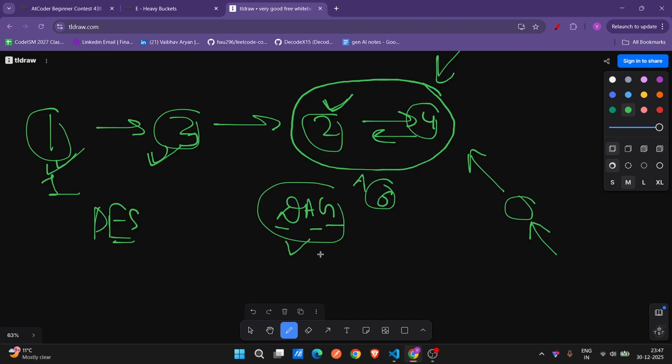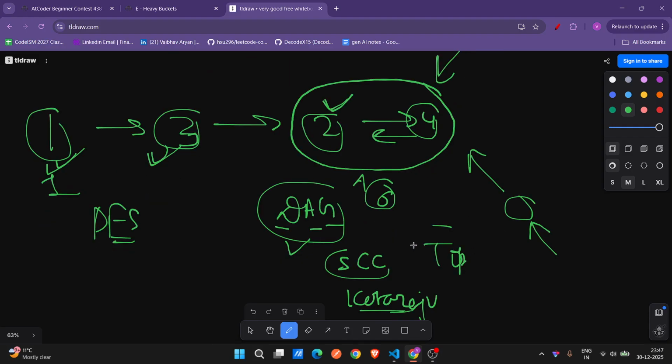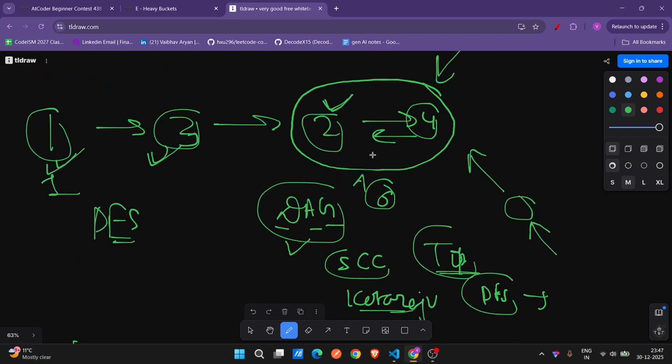Now you should know what a DAG is, what SCC is, what Kosaraju is, something of that kind, so that you can compress the cycles to single nodes, and then find the topological sort. Then just start the DFS from the node which has the least in-degree in the topological sort, so that you can travel all the nodes.